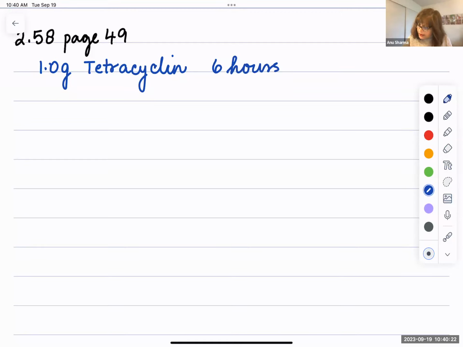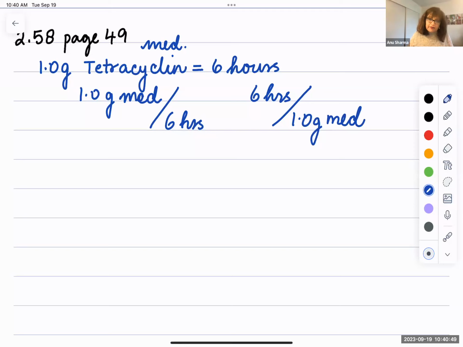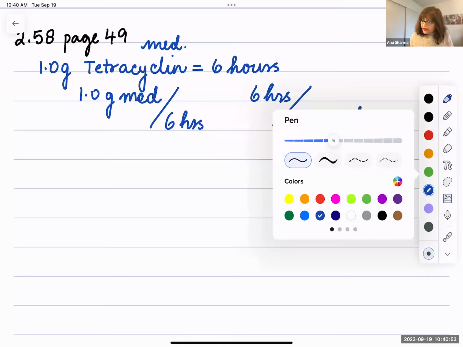So in other words, this becomes the equality: 1 gram of med per 6 hours, or 6 hours per 1.0 grams of med. These are the two conversion factors. So you see, from the reading, from the sentence, you can derive these equalities.